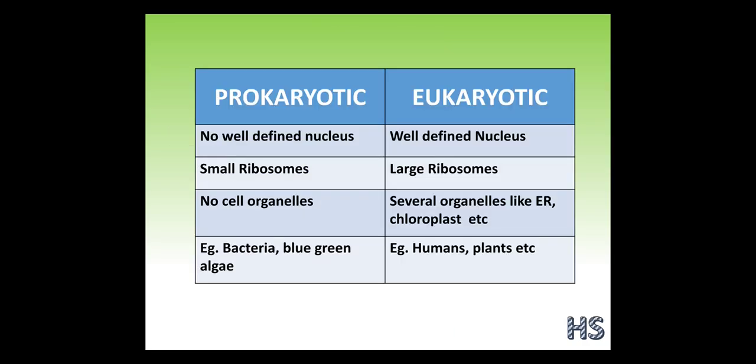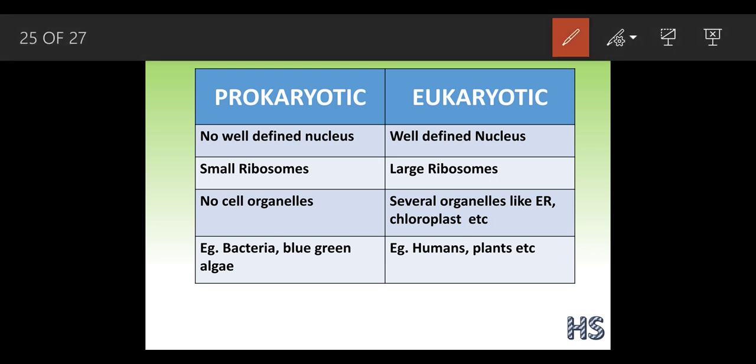Now we are going to learn. We have discussed the different cell organelles. Right now we are going to discuss the prokaryotic and eukaryotic. First we will understand the word pro. The meaning of pro is primitive, or in an easier sense, old.